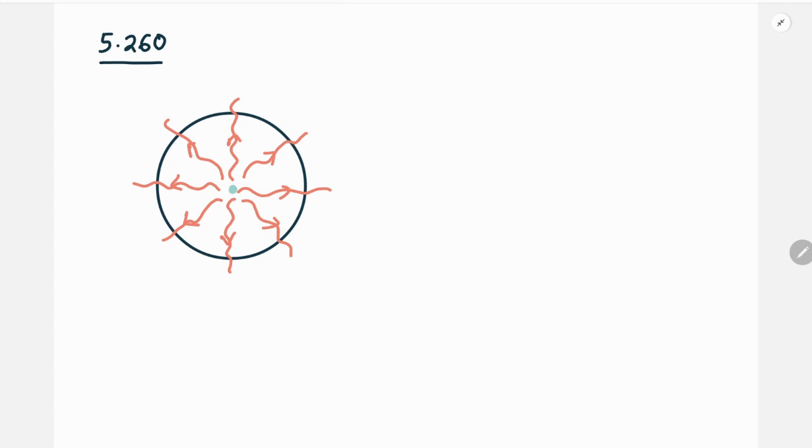So if we begin with the energy corresponding to each photon, then we write it as E equals hc by lambda.